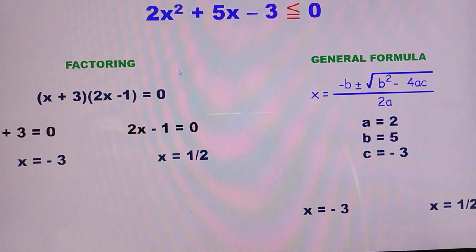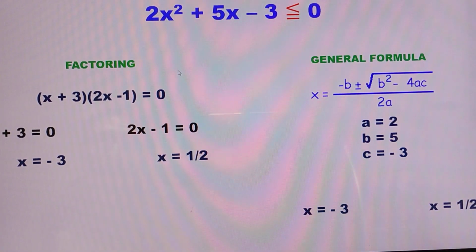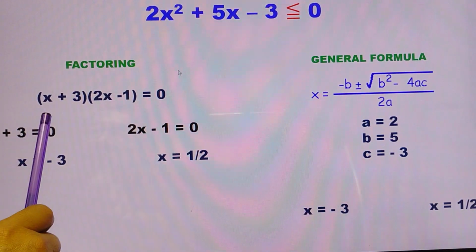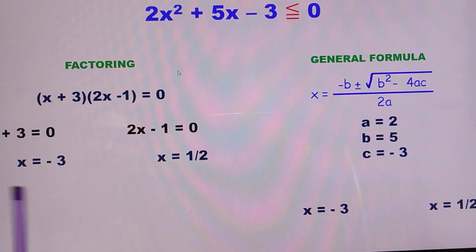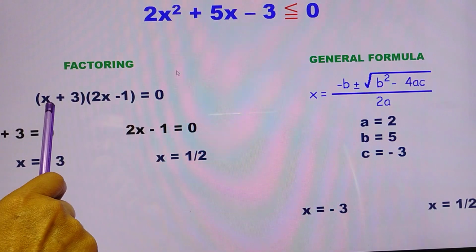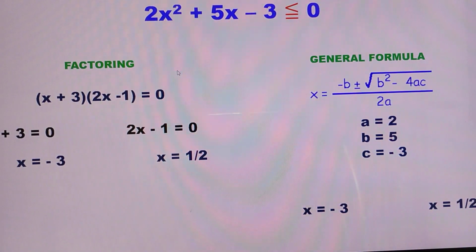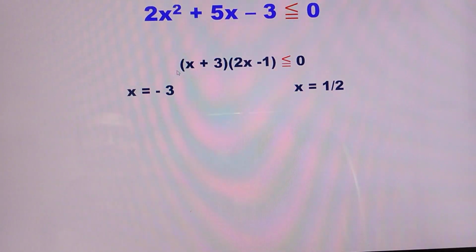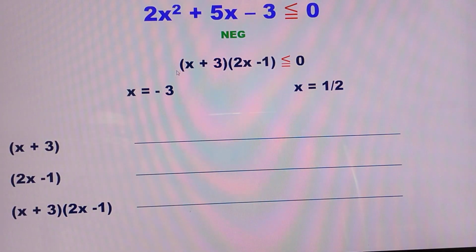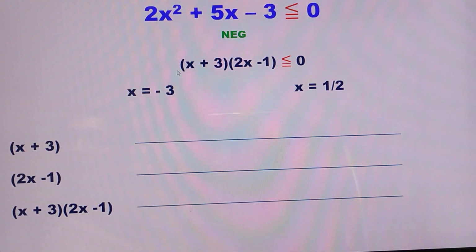After that, we are in step 3. We are going to graph the first factor, graph the second factor, and graph the product. So, for the first factor, we find the critical point as minus 3, and for the second factor, the critical point is a half.